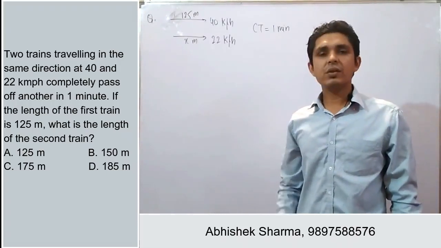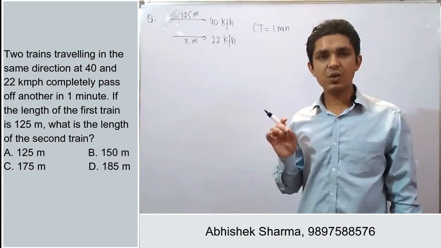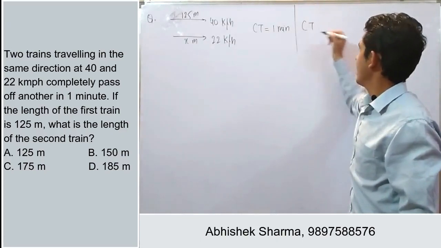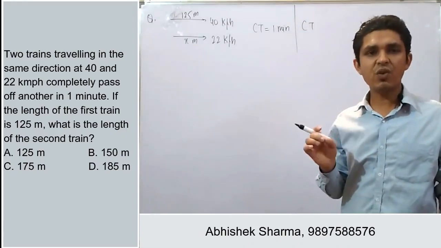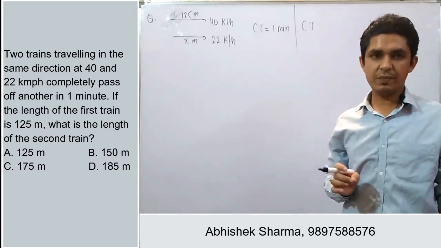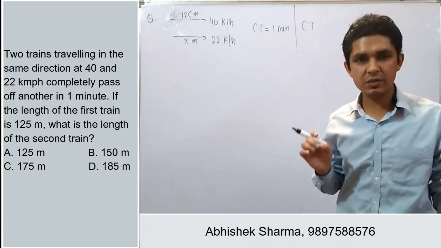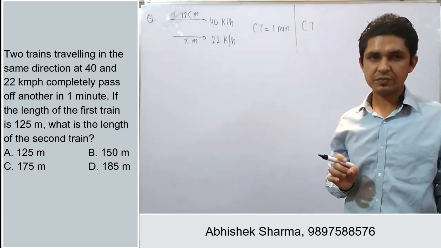Okay, so a very basic thing that you have already studied, let me make a note. When we calculate crossing time, we use the same formula: speed is equal to distance by time, right? In the same formula, if we calculate time, time will be distance divided by speed.